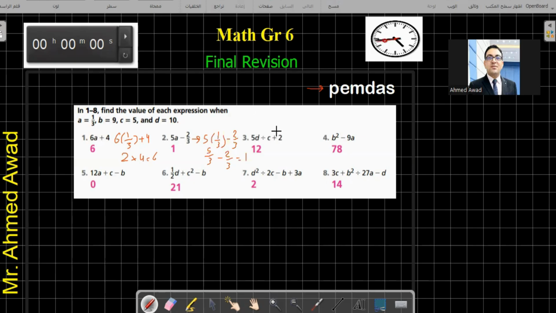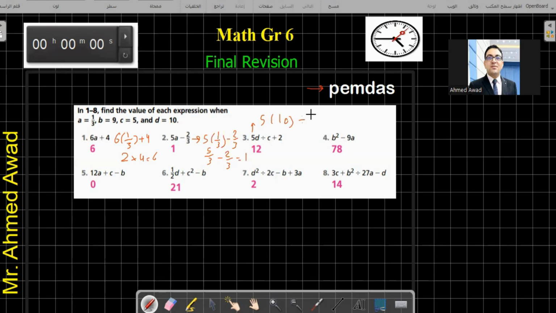Now, what about number 3? It's 5d divided by c plus 2. So 5d means 5 multiplied by d, and d here equals what? 10. Now, divided by what? Divided by c. So what will happen here, guys?